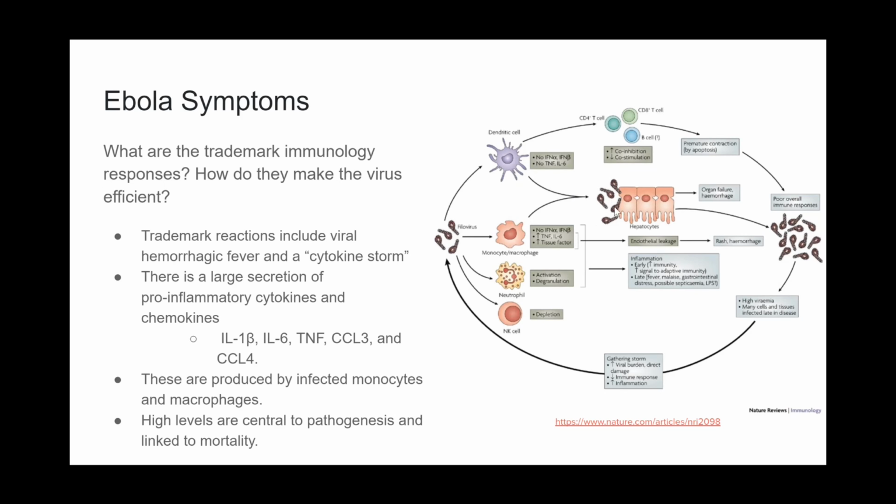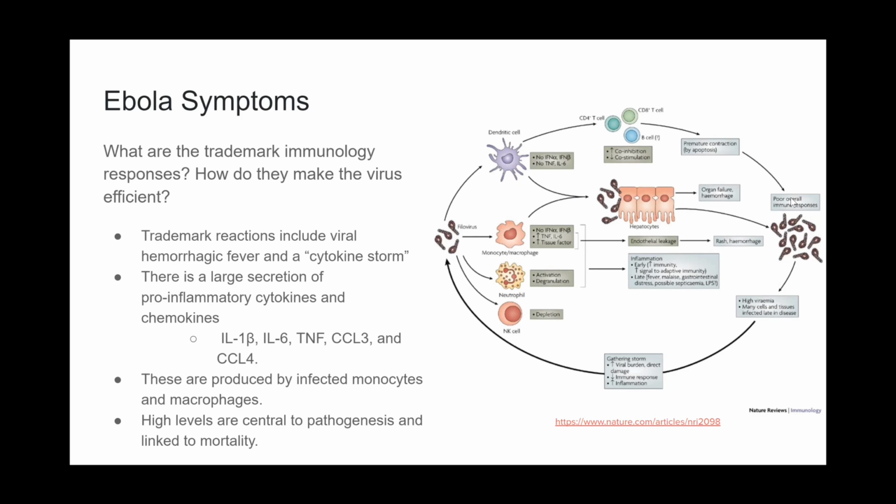Here we see that the filovirus infects the hepatocytes of the liver, which can lead to organ failure and the hemorrhage that we talked about for the viral hemorrhagic fever. We see an inhibition of T cells and B cells and inflammation in the early and late stages.